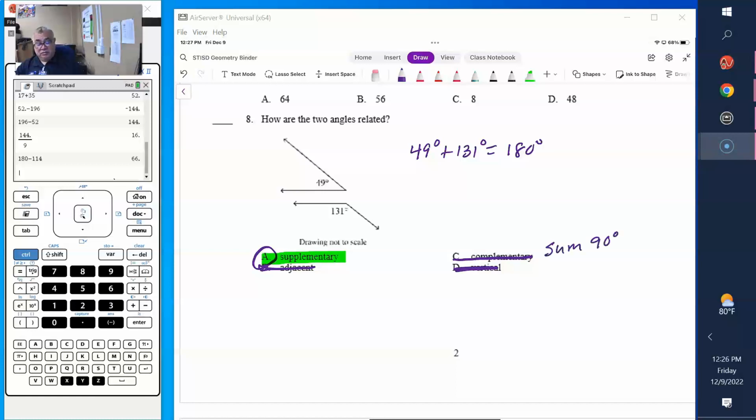Vertical angles look like this, and we know that vertical angles are congruent. Adjacent angles, these are considered adjacent angles. You see the 2 angles here? These are considered adjacent angles. Okay.